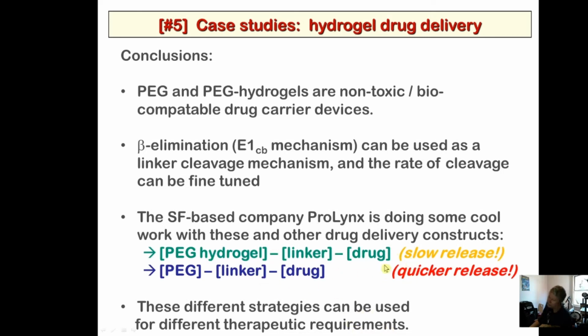So it depends on the drug you're trying to kick out. Okay, so that's the company ProLynx that is doing a lot of this stuff. So you'll probably see more of them as they'll keep publishing papers and pretty cool stuff. The papers that I read were all pretty readable. So if you're interested in this idea, check them out.